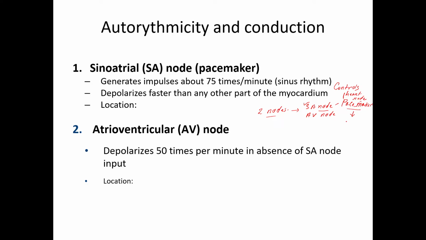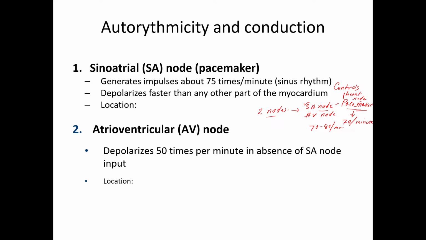So if your pacemaker produces 70 impulses per minute, then your heart will beat 70 times. Every time the pacemaker produces an impulse, that goes to the wall of the heart and the heart beats. Normally, the pacemaker produces between 70 to 80, and that is the normal heart rate, right?